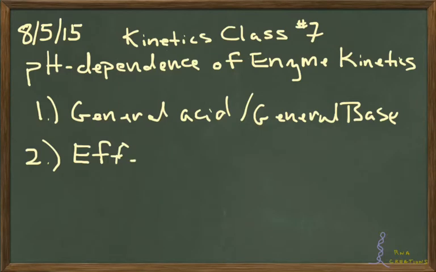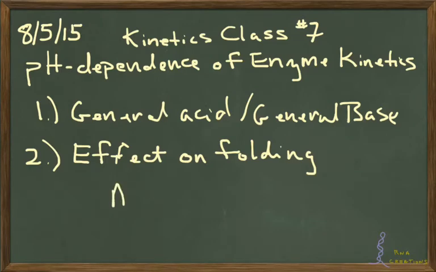And so this is the effect on folding. Once you go to extreme pHs, you begin to denature any biopolymer that depends on hydrogen bonding for stability. And I always like to think about it as if you have a hydrogen bond like this, and that hydrogen bond is holding the enzyme together.